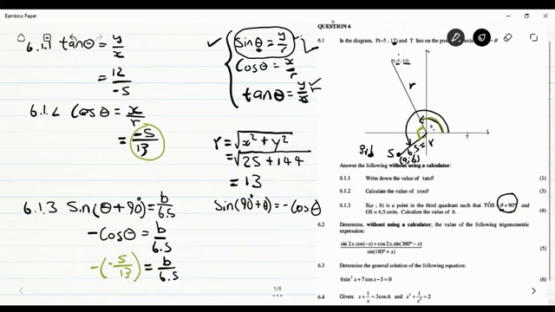Negative and a negative will cancel, so everything here is going to be positive. 13 times B, this is cross multiplication. 13 times B is going to be 13B, and 5 times 6.5 is going to give us a product of 5 and 6.5. By the way, the negatives cancelled each other there. So this is going to be 13B equal to 5 multiplied by 6.5.